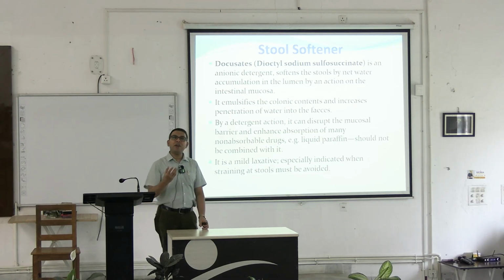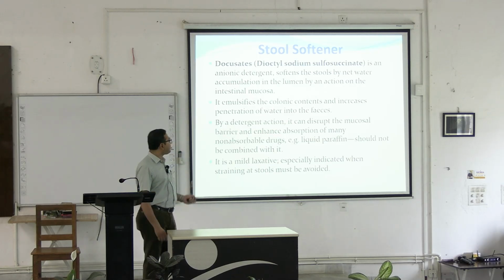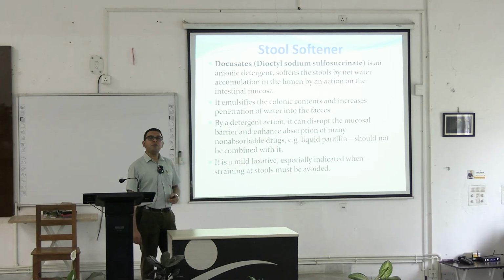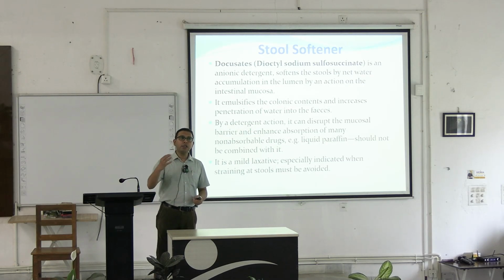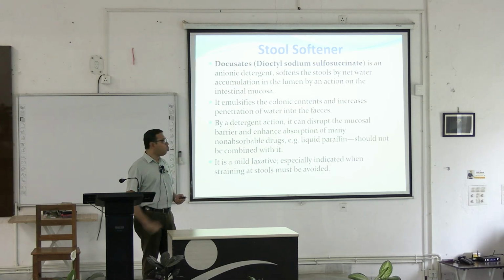Basically it has a surfactant-like action, which is why it is known as a detergent. It emulsifies the colonic contents and increases the penetration of water into the feces. More water penetrates because it reduces the surface tension between the intestinal wall and the stool mass.